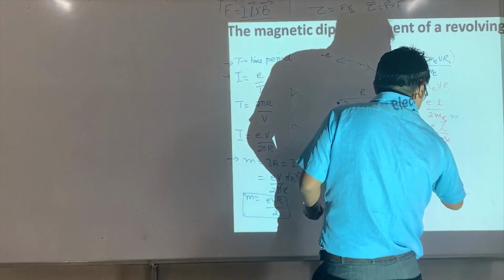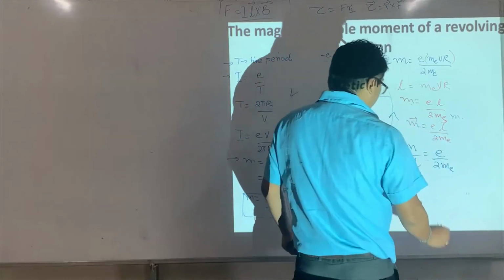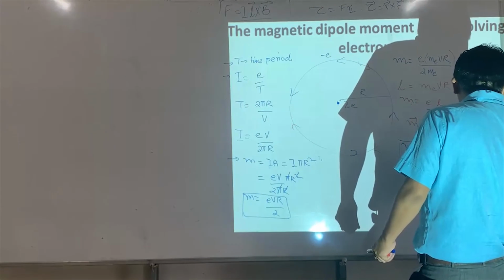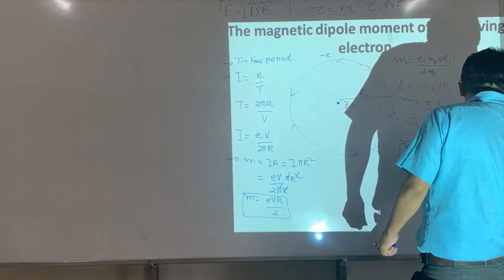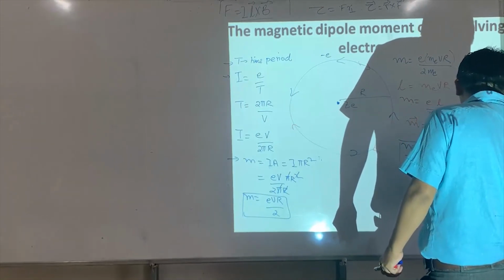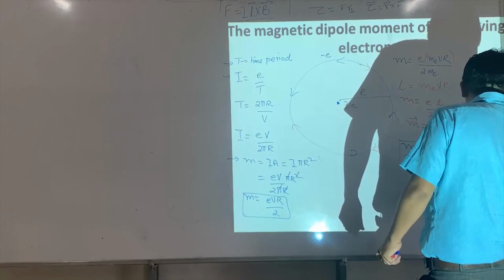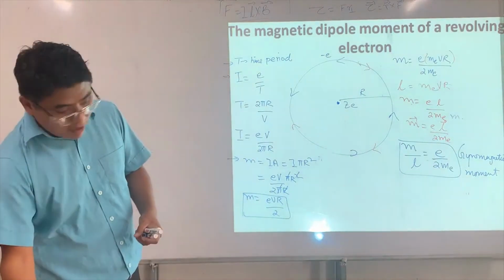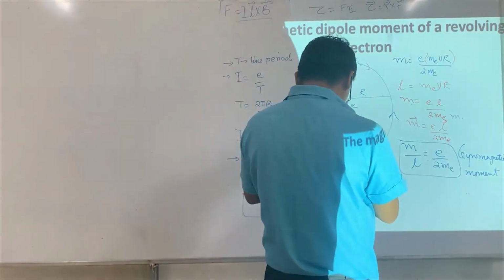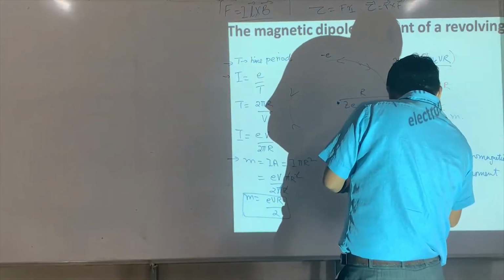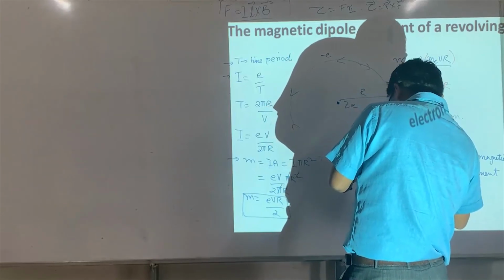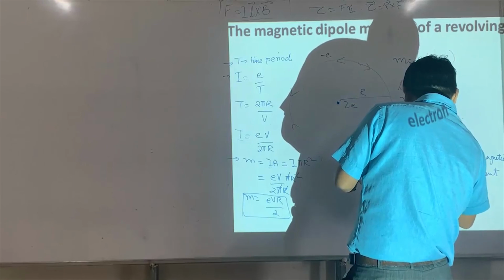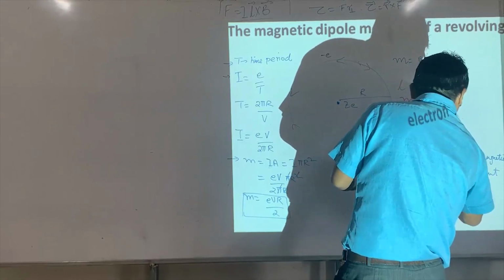This is a constant, and this ratio is what we term the gyromagnetic ratio. The value of this gyromagnetic ratio is equal to 8.8 into 10 raised to power 10 coulomb per kg.